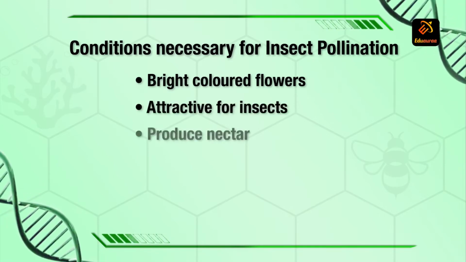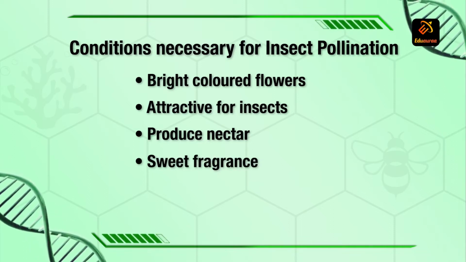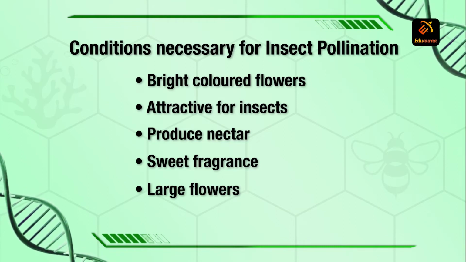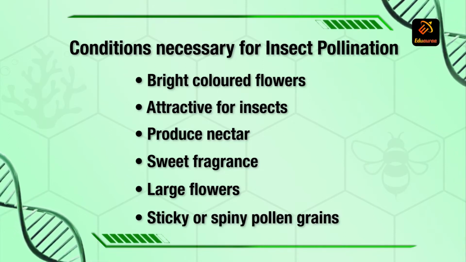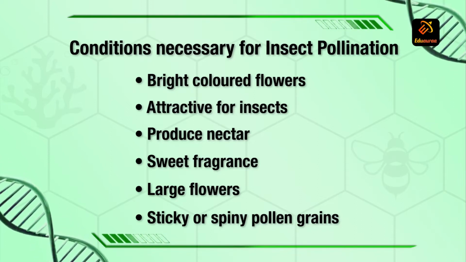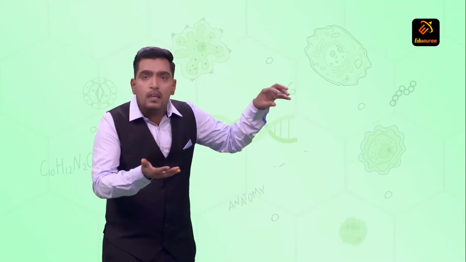It must produce nectar, emit sweet scent. The flower has to be large, bright colored, and most important, the pollen grains of these flowers should be sticky or they must be spiny so that they can stick on the wings of the insect or the legs of the insect or sometimes on the entire body.